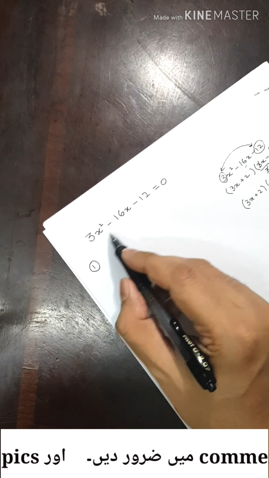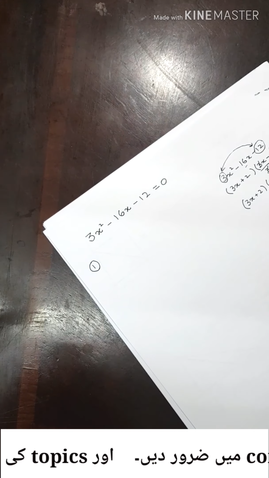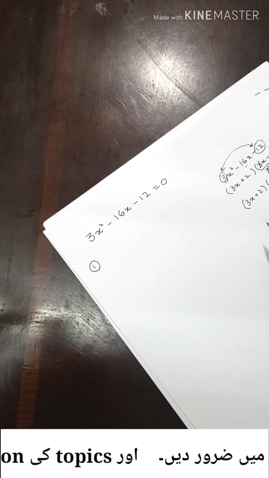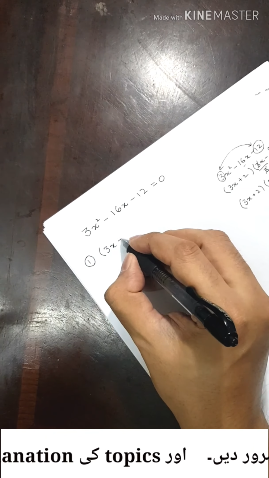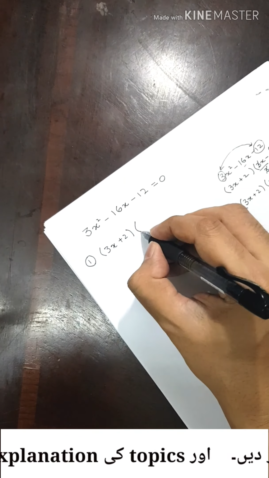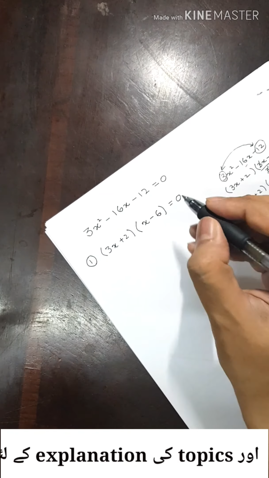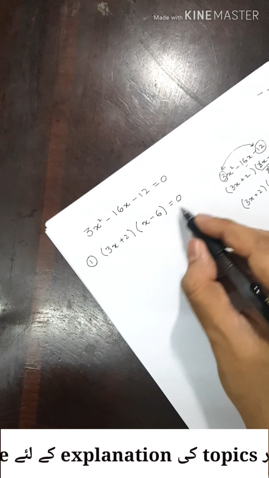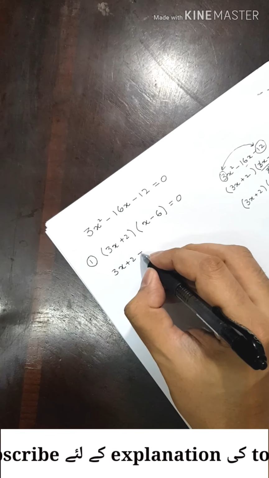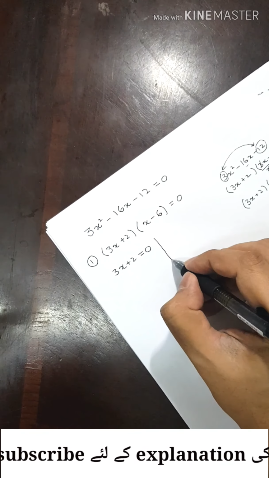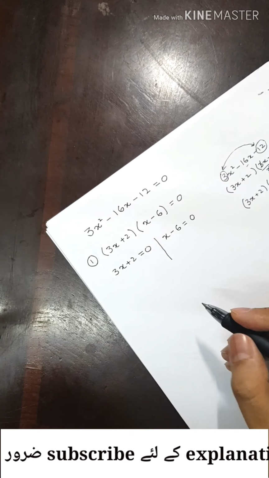This part can come as a factorization question as well. In case of factorization, only an expression will be given and you have to leave your answer till here. But right now, as we are solving the equation, we will put 3x plus 2 and x minus 6 equal to 0. As both parts equate to 0, we can write 3x plus 2 equals 0 and x minus 6 equals 0.